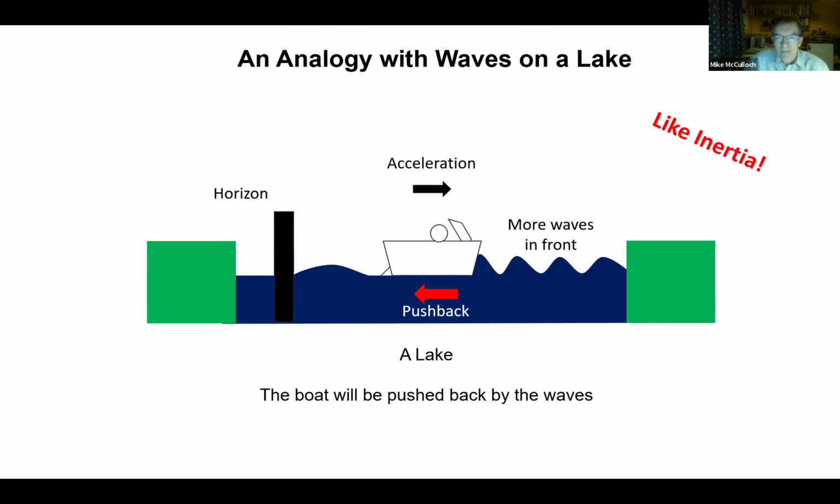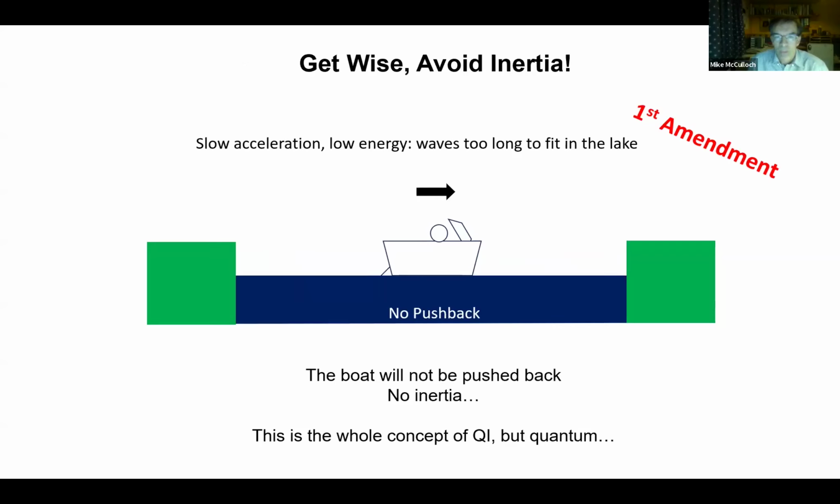But there is a caveat to it. What we could do is get extremely wise and avoid having inertia, which always absorbs energy, reduces the energy we have in movement. So if we were very clever, we would accelerate very slowly, because the slower you go, the less energy you put into the waves and the longer wavelength they get.